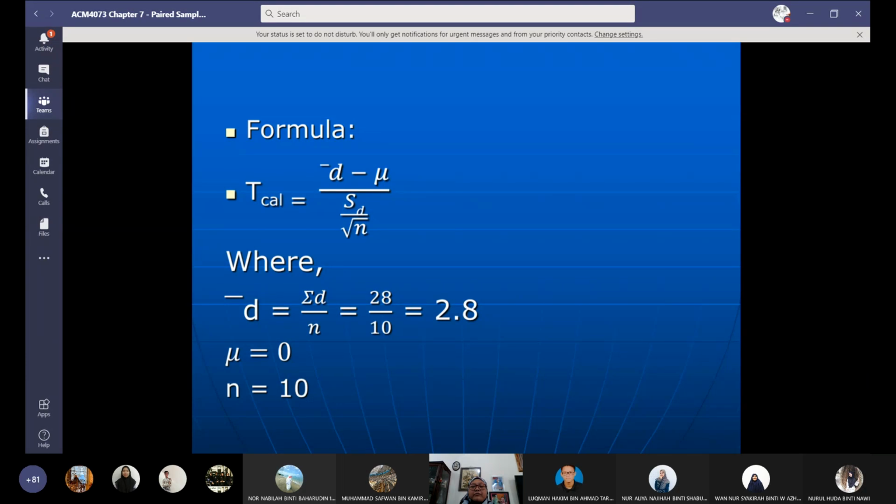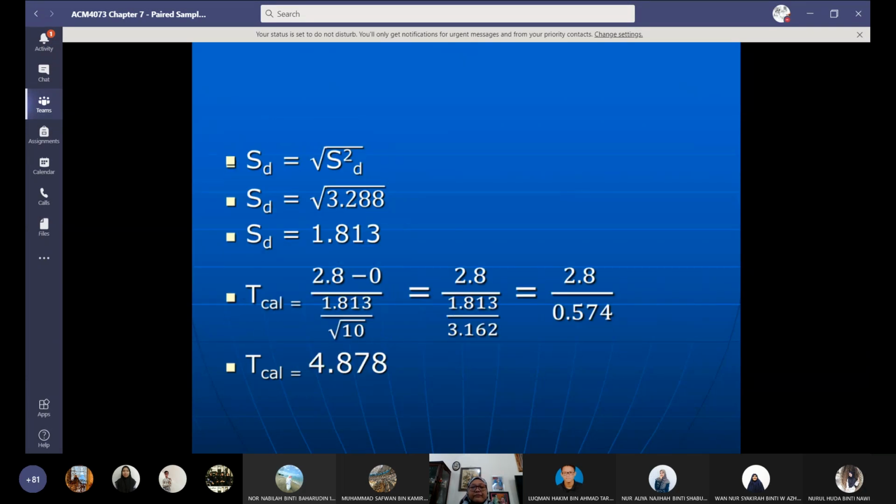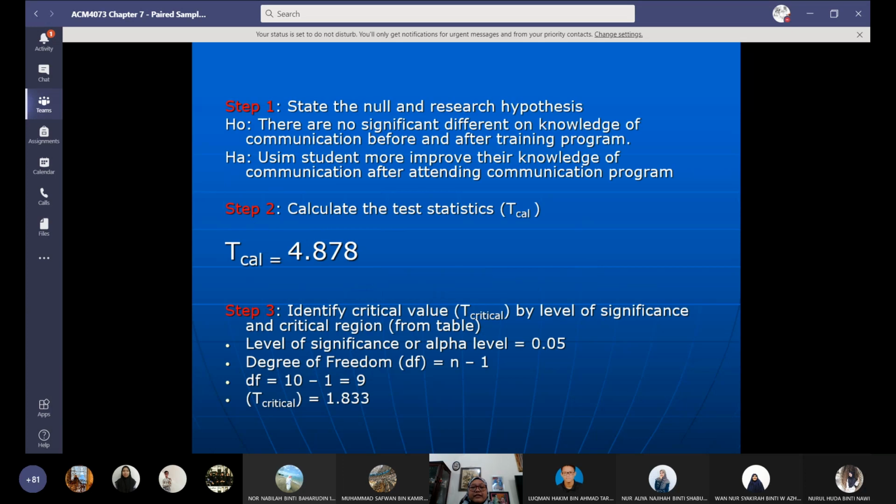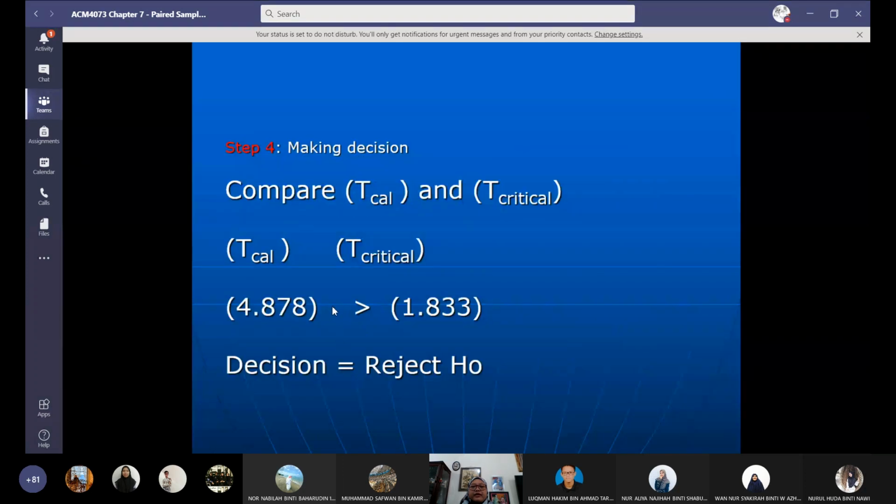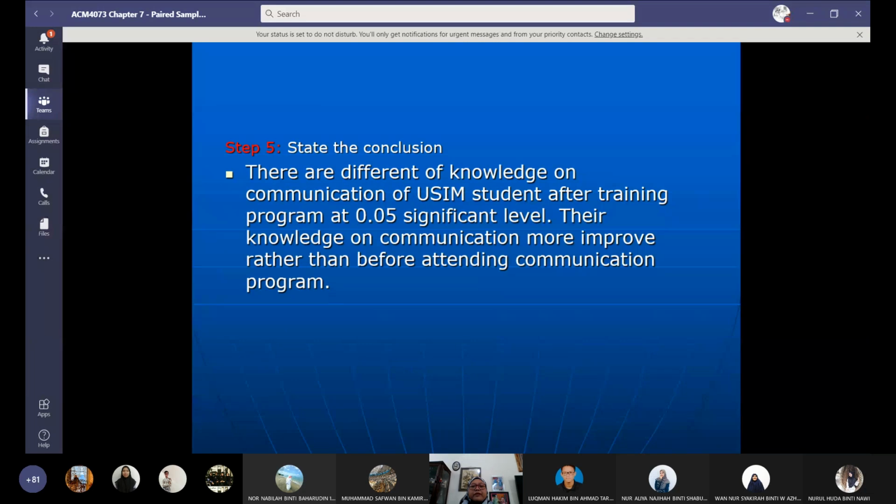If we reject, it means there are differences. There are differences of knowledge on communication of USIM students after the training program at 0.05 significance level.